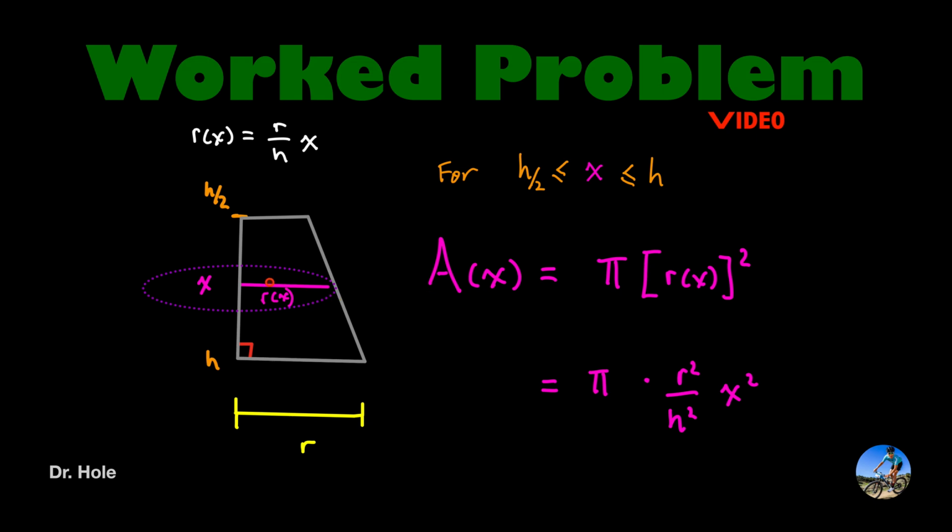As this is a disk, the circle of radius r encloses the disk and has area pi r squared. Plug in our r of x, r over h times x, get r squared over h squared times x squared, and multiply that by pi to come up with A of x. Beautiful.